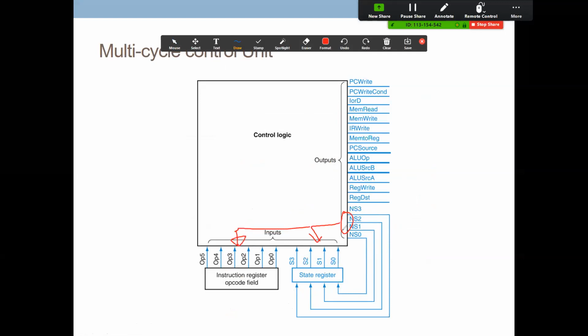Now, at first, states 0 and 1 do not depend on them, but after that the next state will be dependent on the opcode and the current state, whereas the outputs are only dependent on the current state, because this is a more safe machine. Good.